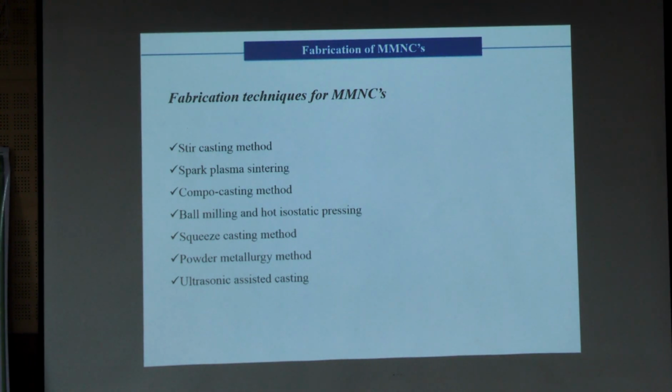That is, we have stir casting method, and we have spark plasma sintering, or compo casting method, or ball milling and hot isostatic pressing, then squeeze casting, and we have a powder metallurgy route, and then we have ultrasonic cavitation casting process, etc. So this stir casting and ultrasonic cavitation casting is nothing but similar to our basic casting process, but some advancements are there because we are mixing the nanoparticles or hybrid nanoparticles.